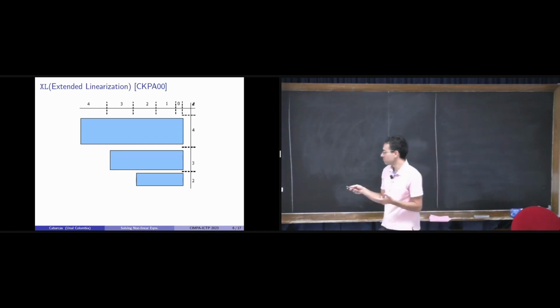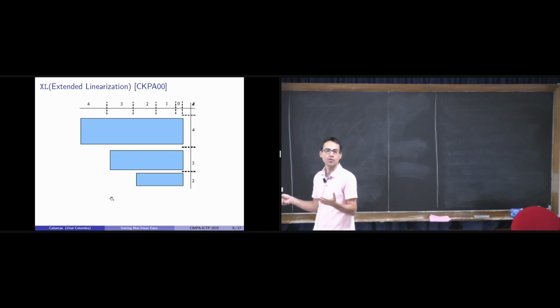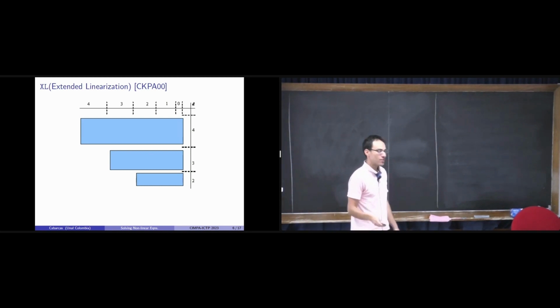In general, we increase, we extend to some degree, and then we do Gaussian elimination in this huge matrix until we are done, until we find a Groebner basis, or until we find a solution to the system.